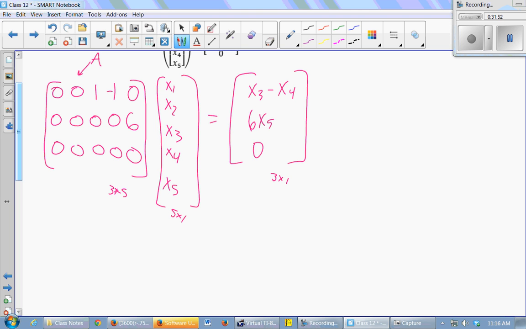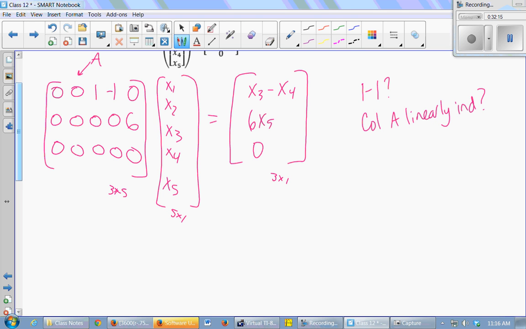Okay, so let's see. 1-to-1. We're asking, are the columns of A linearly independent? So let's take a look at the columns of A. Linearly independent? Why not? There is not a pivot in each column, correct? That's one way to recognize it.